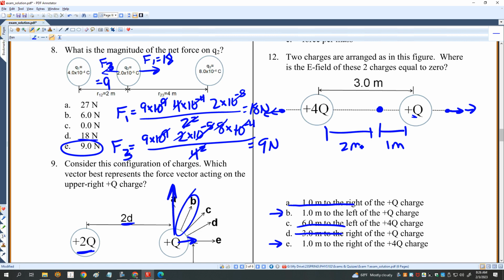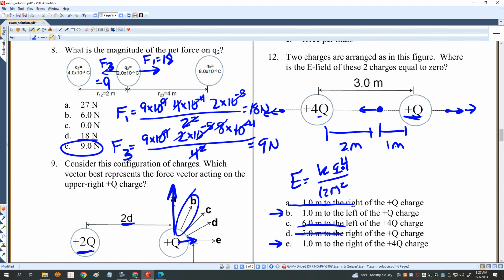And then we'll draw our electric field vector. So first, I'm going to draw my electric field vector due to this charge. It's in that direction. And then I have E equal kq over r squared.